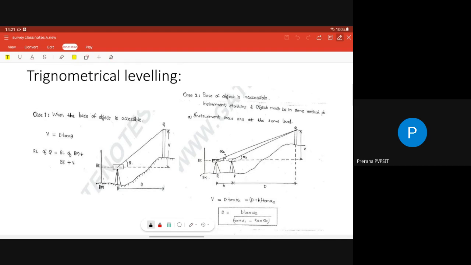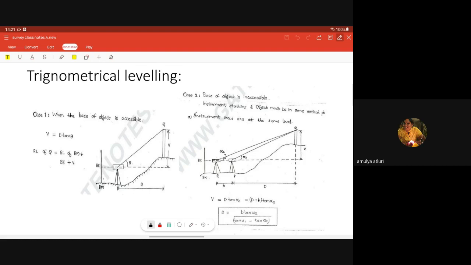Yes, this is the fourth class of your Geomatics engineering. Till now, we have covered principles of surveying, errors and their adjustments, maps, scales, coordinate system, distance and angular measurement, distance measurement with the help of chain and tape, errors and their corrections, angular measurement with the help of compasses, and theodolitic survey, theodolites and all.